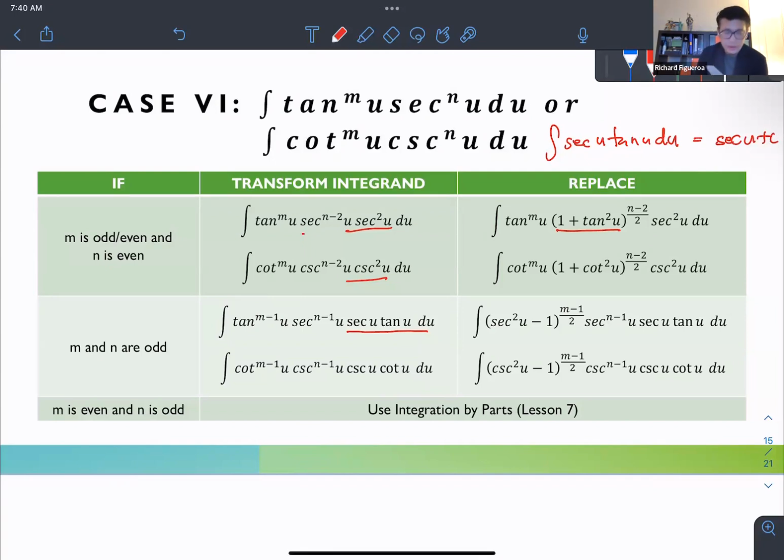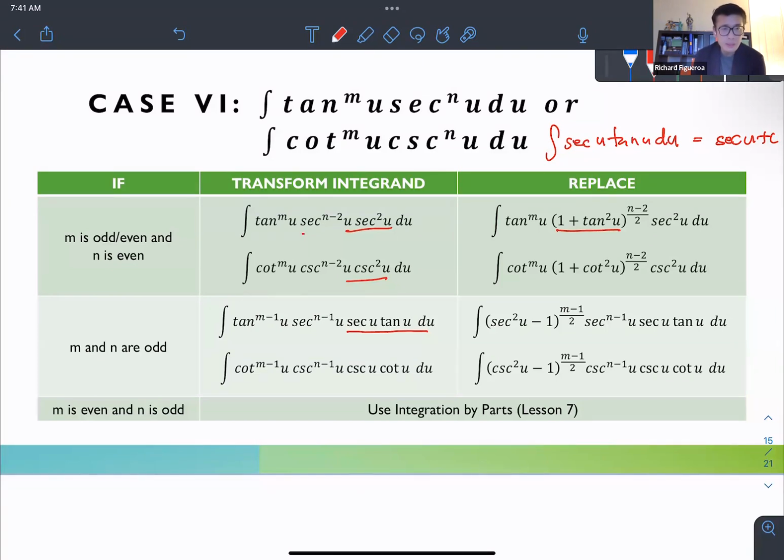So when we use the power formula, our differential would be secant u tangent u, unlike in case 5 where we used the differential secant squared. But when both are odd, for tangent and secant, or for secant and cosecant, we use the differential secant u tangent u.